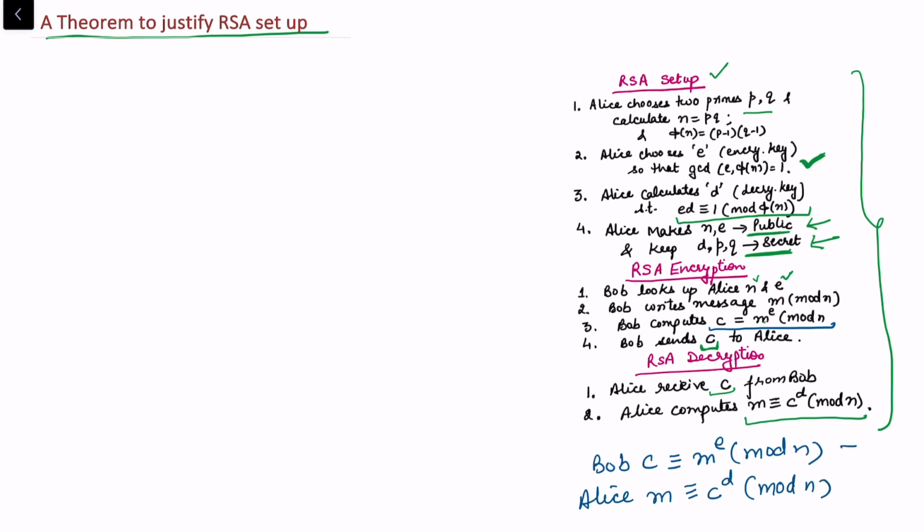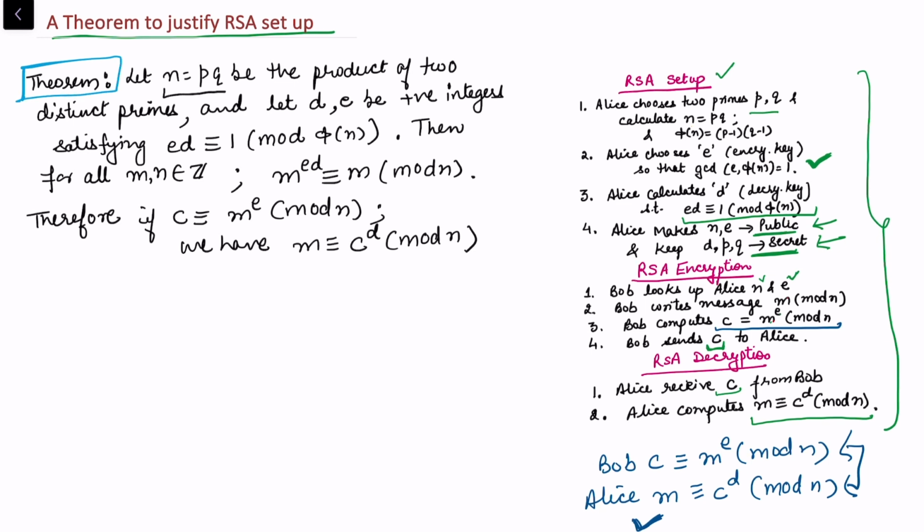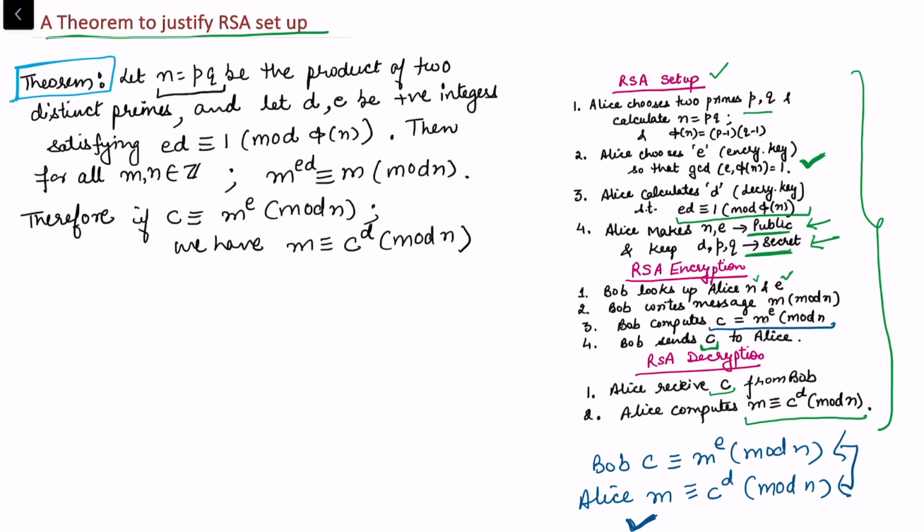So we want to understand how these two congruences help to deduce the same original text, and corresponding to this we have this theorem. In this theorem we have the same setup. Let n be equal to pq, the product of two distinct primes, and let d and e be two positive integers such that ed is congruent to 1 mod phi n.